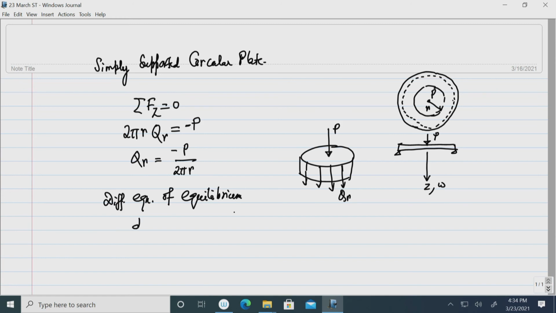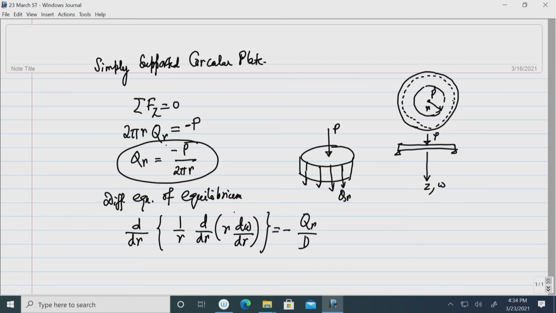Let us write it like this: d by dr of (1 by r d by dr of (r dw by dr)) equals minus q_r by D. Instead of q_r, now I put this term. So, this term is brought here, and the differential equation can be written as P by 2 pi r D.